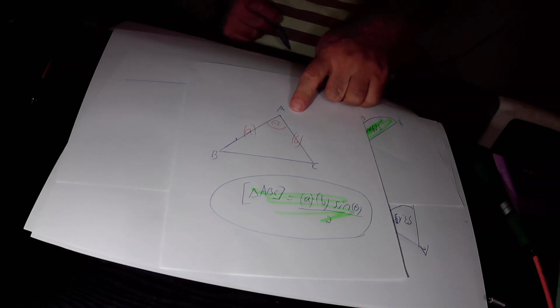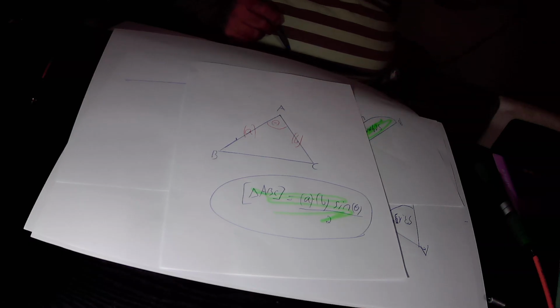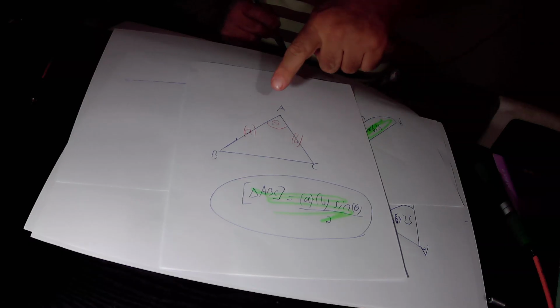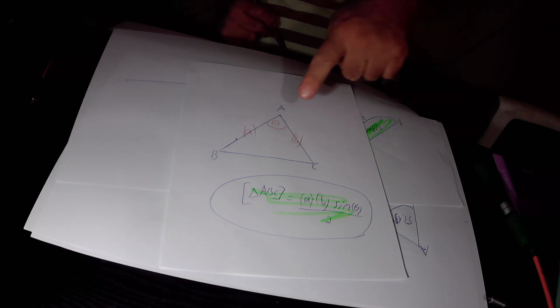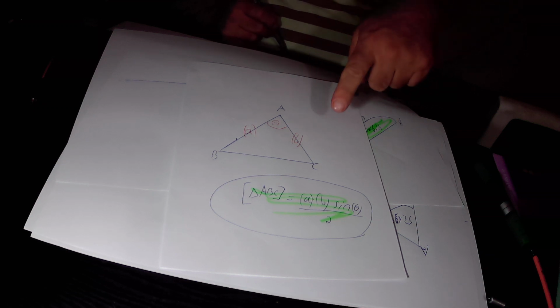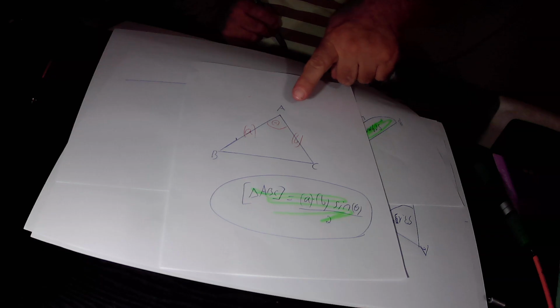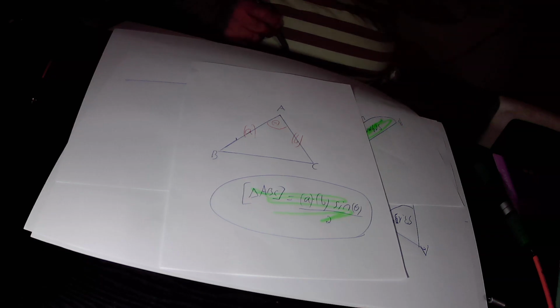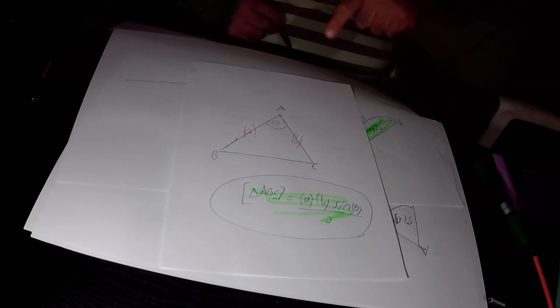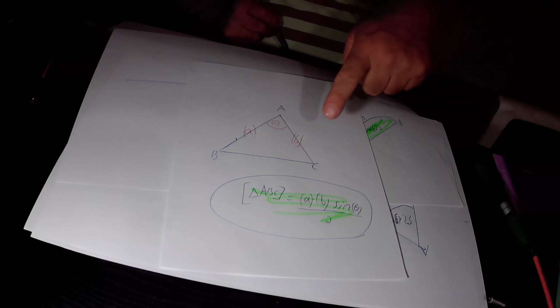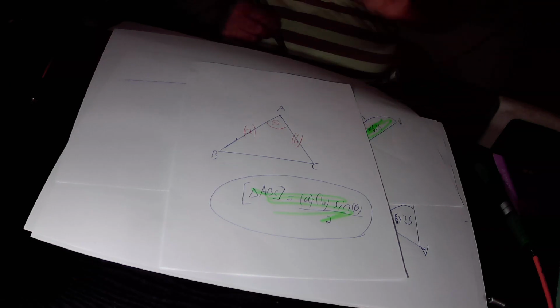The area of this triangle that could be any triangle equals A times B, that is the sides between angle theta, times sine theta over 2. Again, the area of this triangle ABC equals A times B times sine theta over 2.